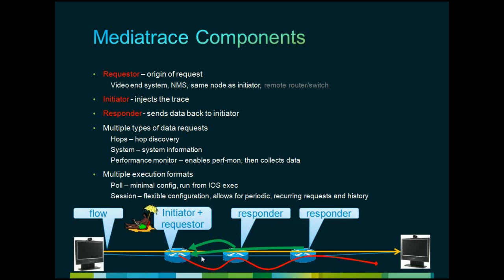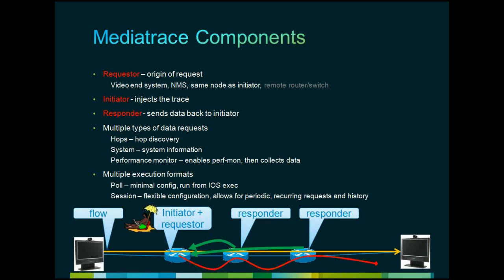The initiator is the one who injects the trace. So basically, if this is the initiator, it's going to say, request MediaTrace up and down here. And then we will have multiple types of data requests. You can actually ask for hops, system information, and of course, performance monitor. And then each of the responders will respond to you. This also has two modes of execution.